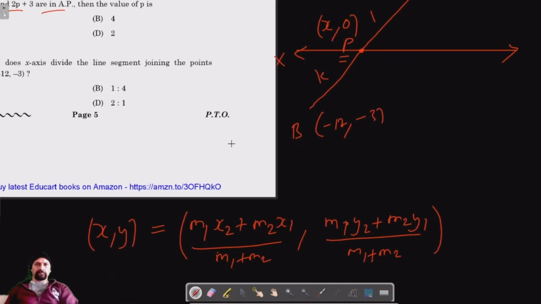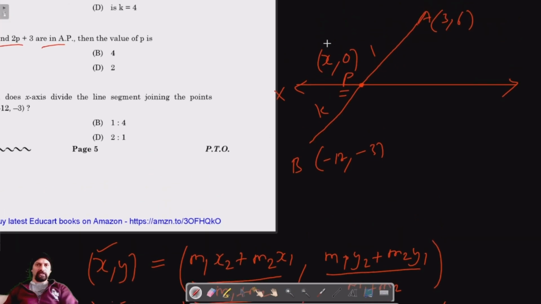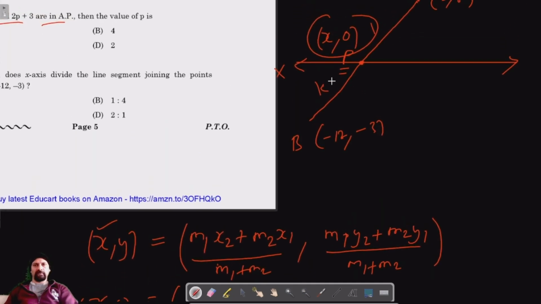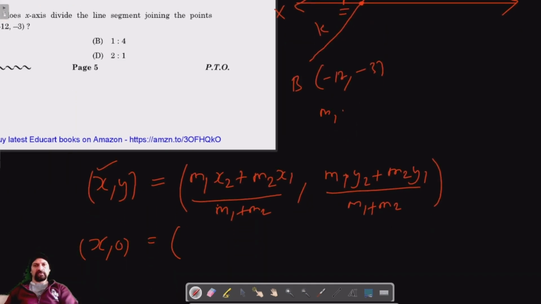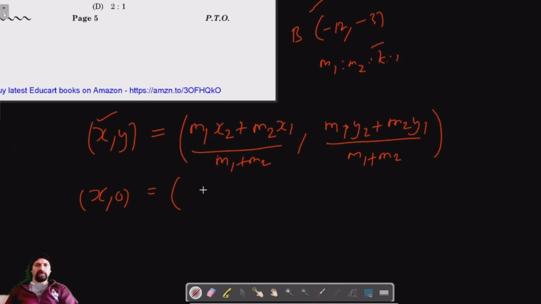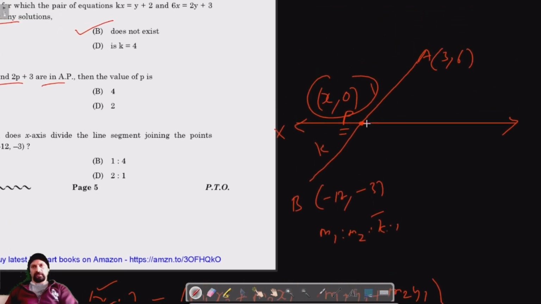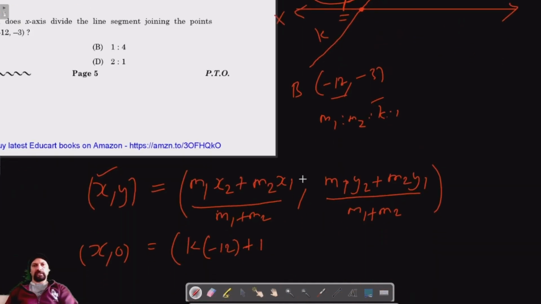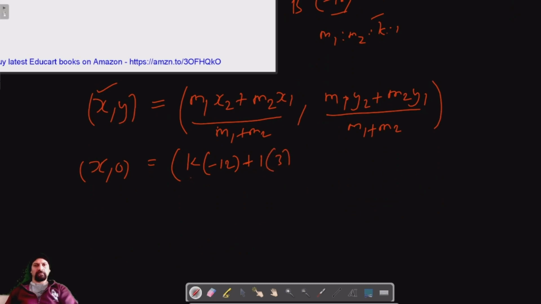Okay, so (x, y) is this point, so it's (x, 0), and m1, we have assumed that the ratio is k is to 1, so m1 is k, and x2, let's say, is negative 12.